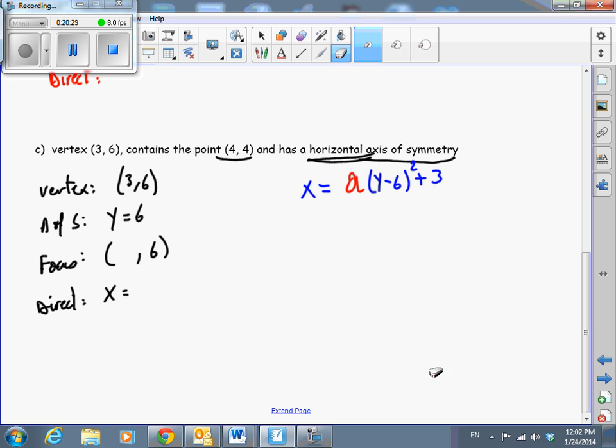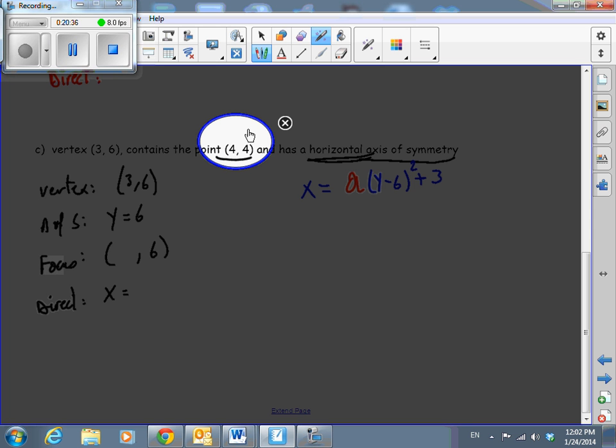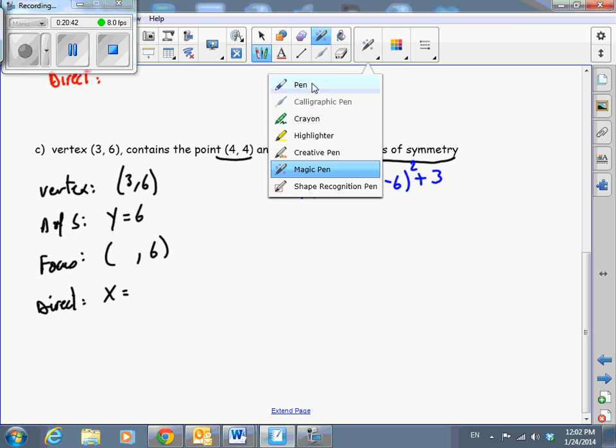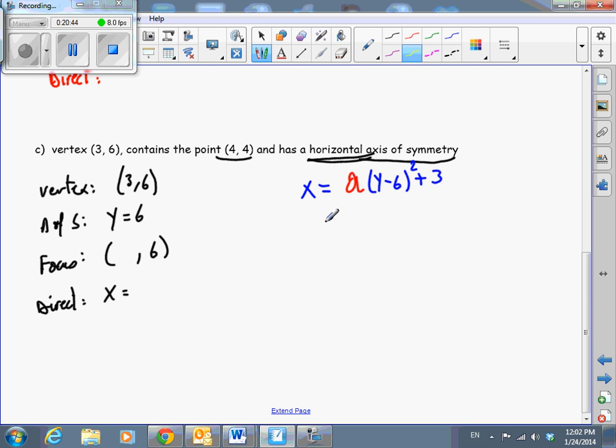Are we going to leave it like this? No. They gave us another important piece of information. This one. Very important because they say it goes through that specific point. So what I will do is plug in the point. Before is equal to the same a, but inside my parentheses, I have 4 minus 6 squared plus 3. You understand what I just did, right?